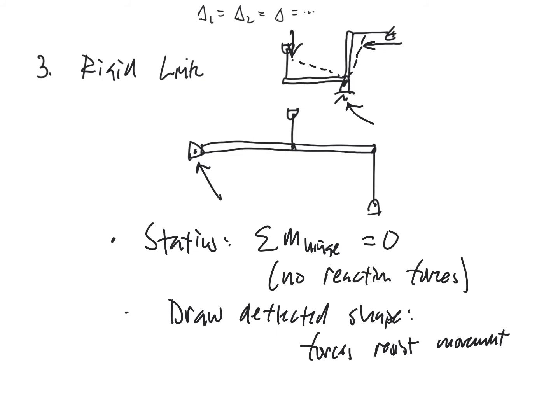If I assume my movement is this way, by the way, I guess I should put a load here and a load here, then it's going to resist the movement this way. We'll come back to this one during part C. That's it for part B.